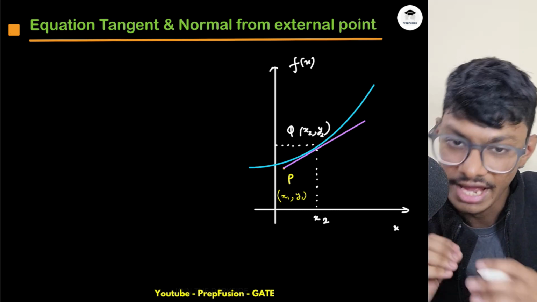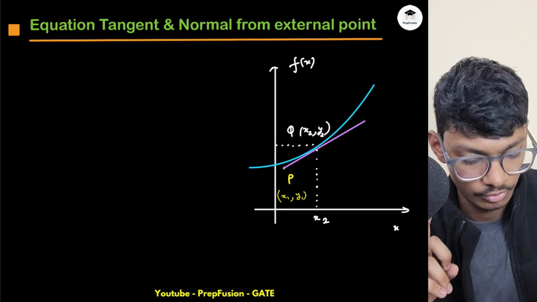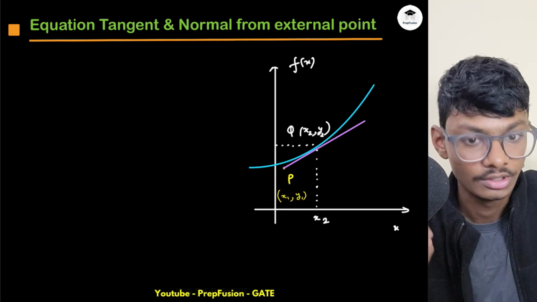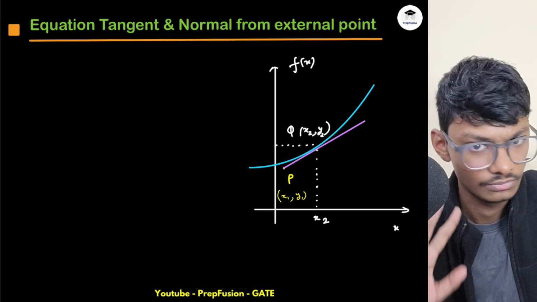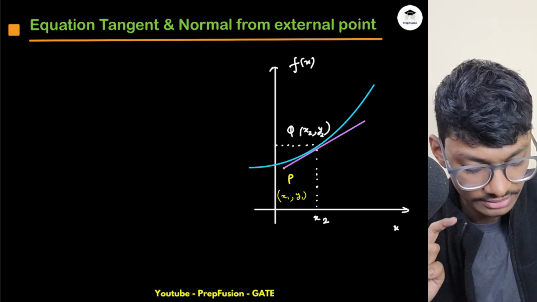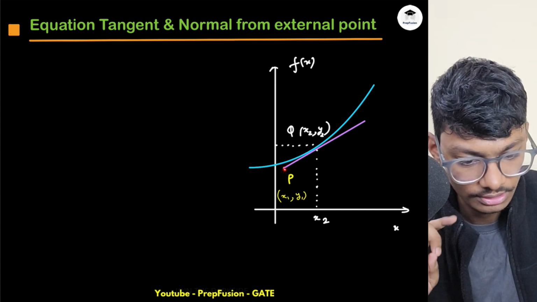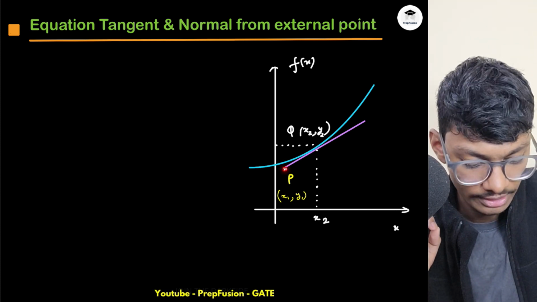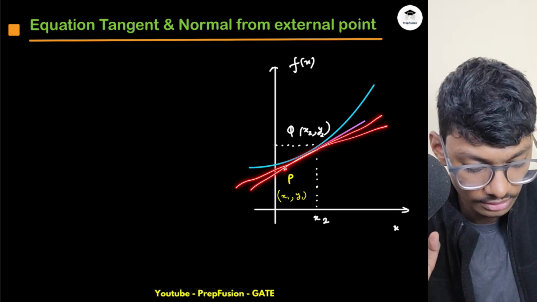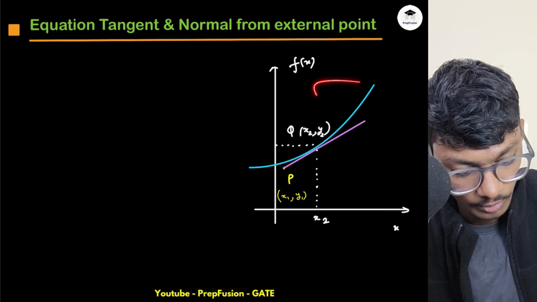So they have told you some external point P, x1 y1, which doesn't lie on this curve, and they have told you that this point will also be a point on the equation of a line which is a tangent to my curve.